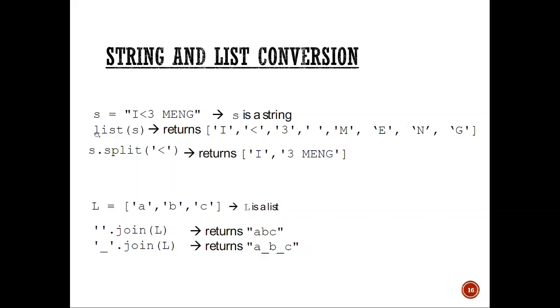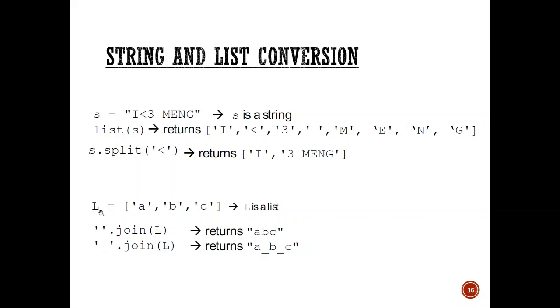So here, for example, if we have s, the following string, when we apply list(s), it returns a new list with every character being an element. s.split on this character would return a new list split based on that character before it and after it.